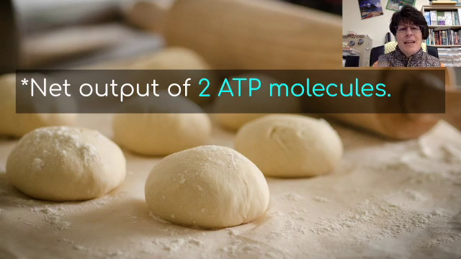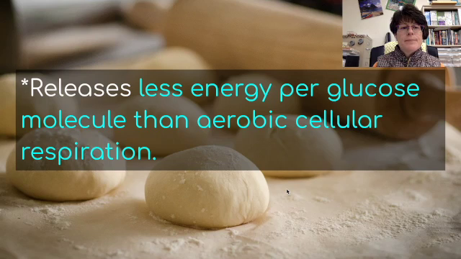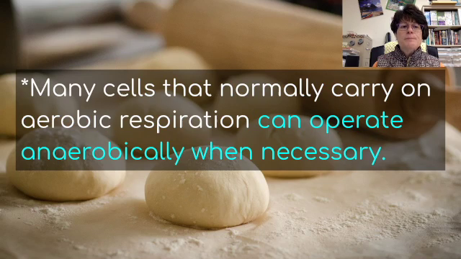Now, it has a net output of only 2 ATP molecules, and this is the ATP that was made in glycolysis. It's a much simpler process than aerobic respiration, but you don't get as much energy out as well. It's much more inefficient. So it releases less energy per glucose molecule than aerobic cellular respiration.